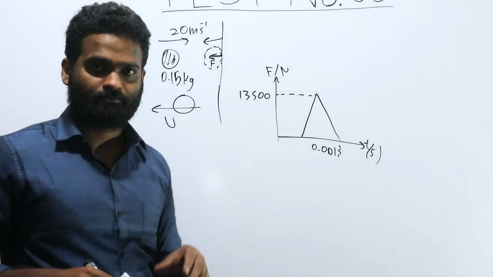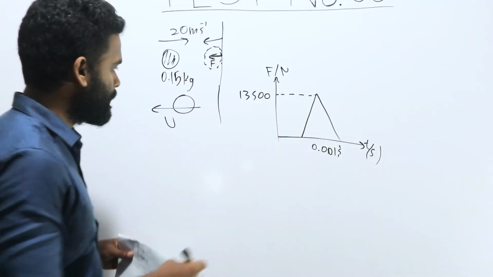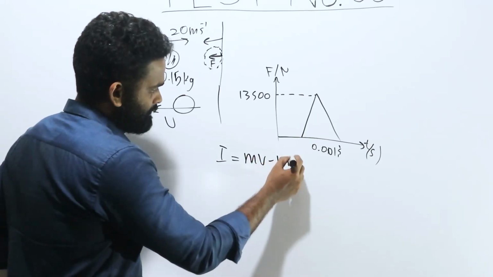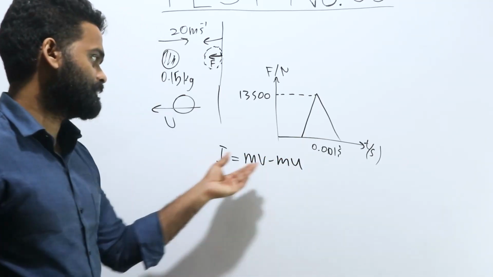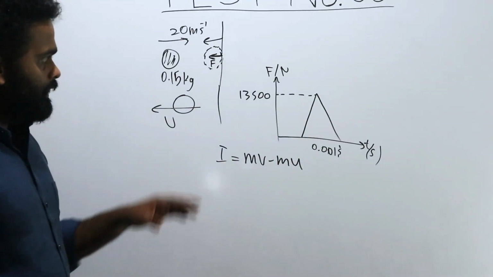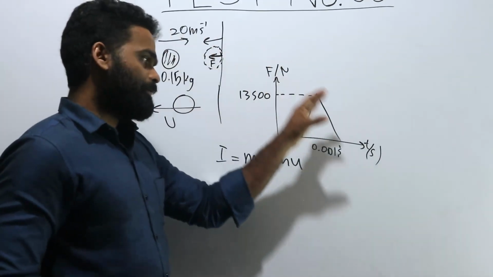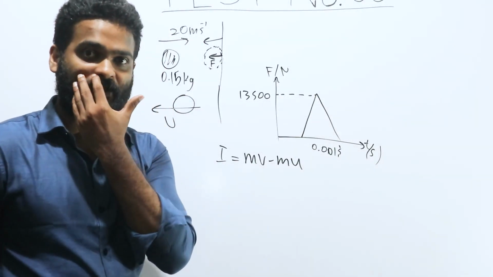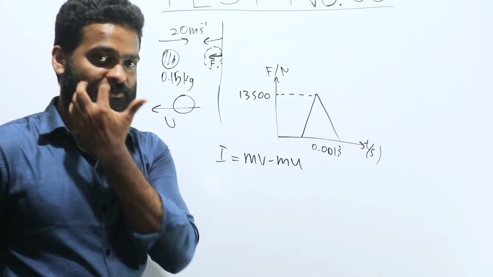For this one you need the change of momentum, and you need to find the impulse for the change of momentum. So we know impulse is equal to mv minus mu. Impulse and the change of momentum are the same. From an F-T graph you can find the impulse. The area of the F-T graph is equal to the impulse.